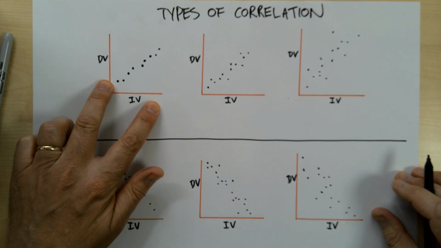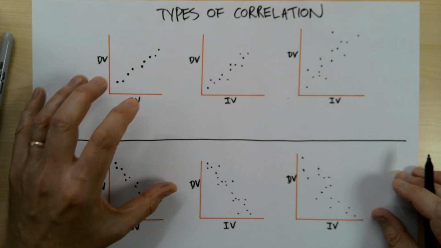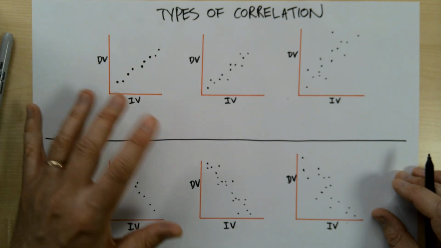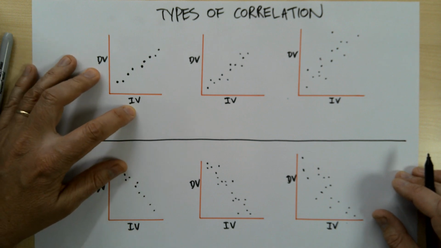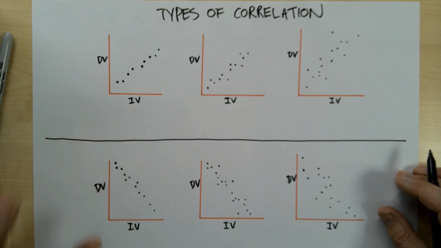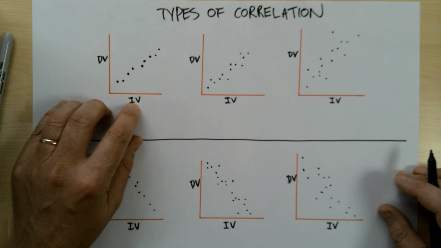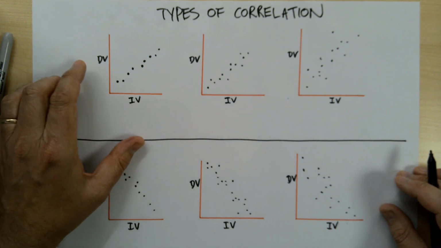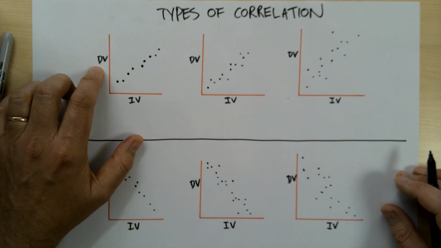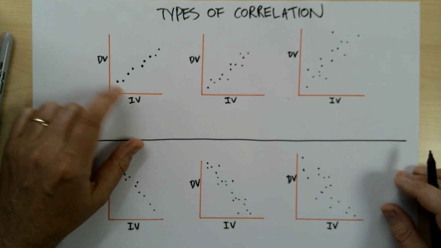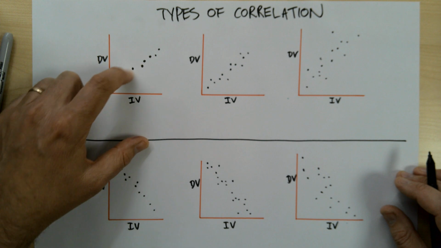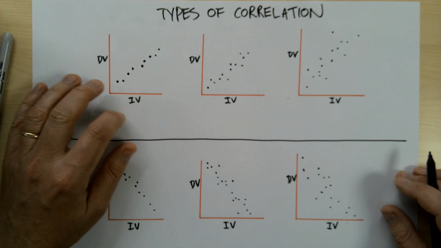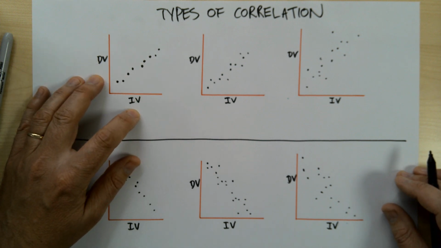A scatterplot shows you whether there is some kind of a pattern between the independent variable and the dependent variable, because the big idea is the independent variable is causing or impacting the dependent variable. As this changes, that changes. So is there some kind of predictable way that this is happening?